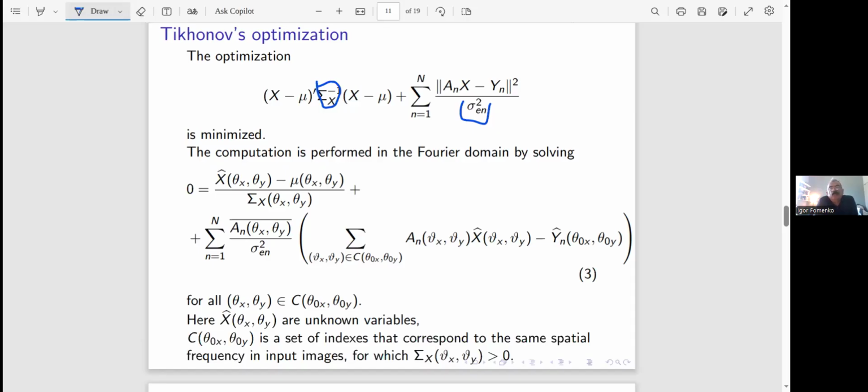You can write your likelihood, and you know that it's not a true likelihood because it's very flat everywhere.